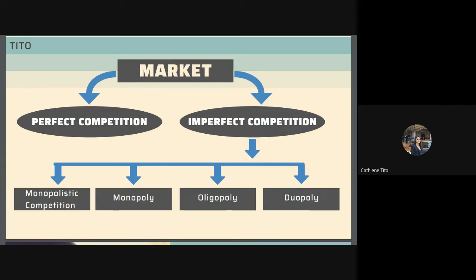So to start, a market consists of firms and individuals willing and able to buy or sell a given product. This includes firms and individuals currently engaged in buying and selling a particular product, as well as potential entrants, which is known as either an individual or firm posing a sufficiently credible threat of market entry to affect the price or output decisions of incumbent firms.